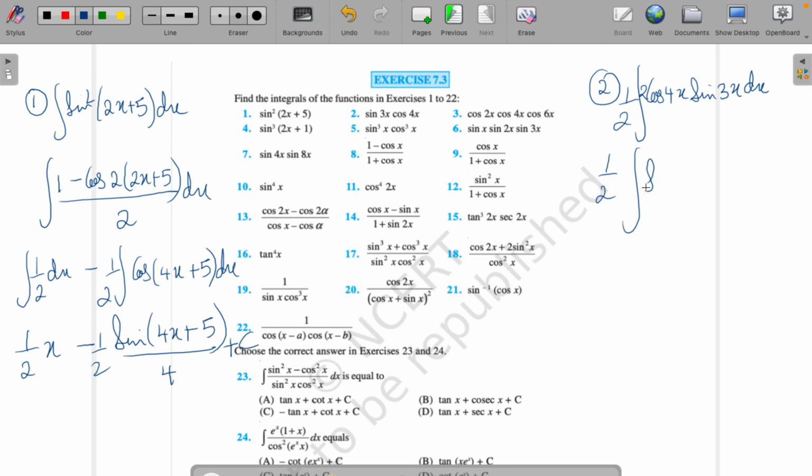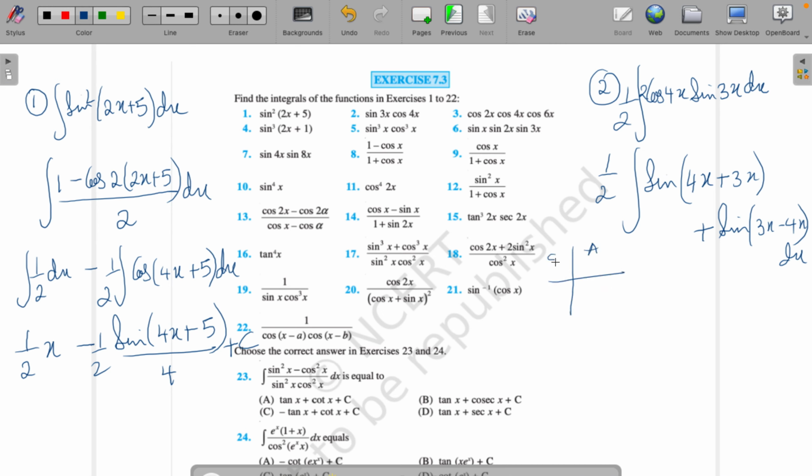The formula is sin(A plus B) plus sin(A minus B), children. Again, you can separate it out and integrate. And you know sine of minus theta lies in the fourth quadrant, children.